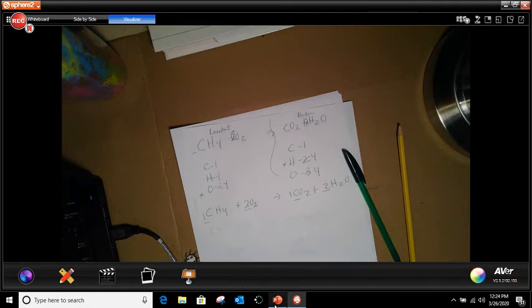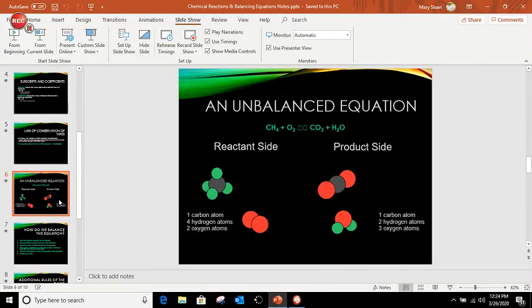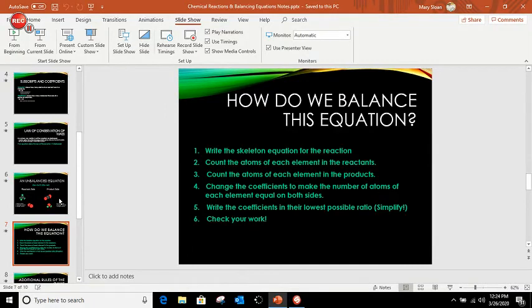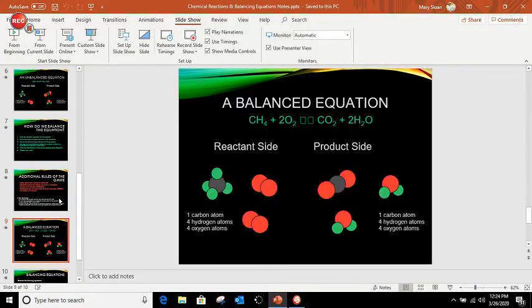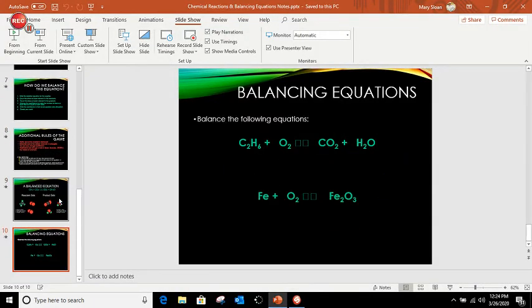So I'm going to look one more time at the PowerPoint, see if there's anything else that I need to go over. I will also record on the PowerPoint if you need me to, but I don't think I need to. So let's do the last one where it says balance the following equations.